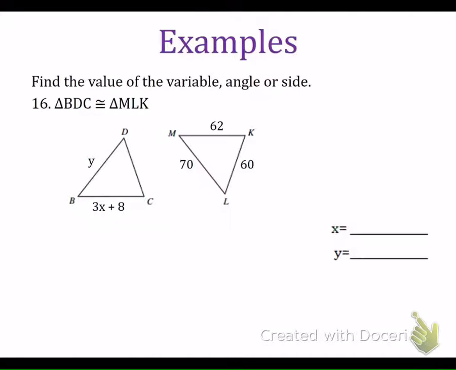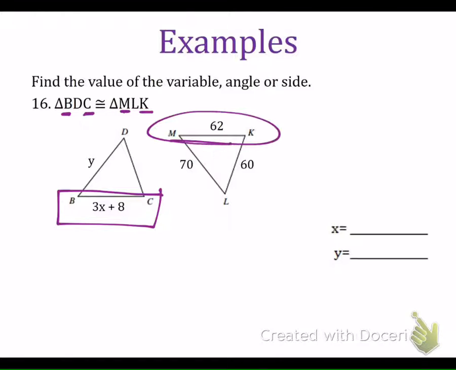So now I'm looking for X. Well, X is part of side BC, right? So BC, B is the first, C is the third. So it should match up with MK. MK, okay?